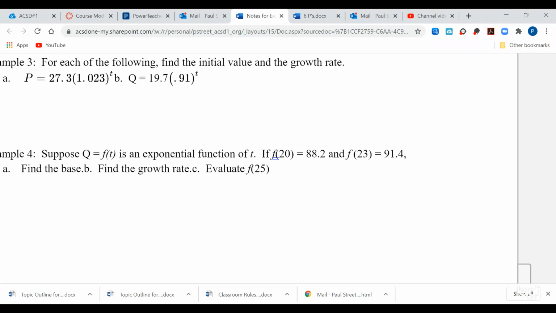I'm going to write it as a 1/3, but cube root is exactly the same thing. So we're going to take that quantity 91.4 divided by 88.2, raise it to the 1/3, or do the cube root. Now we need all the decimal places of accuracy, but can somebody tell me what they've got to 3 decimal places? 1.012.